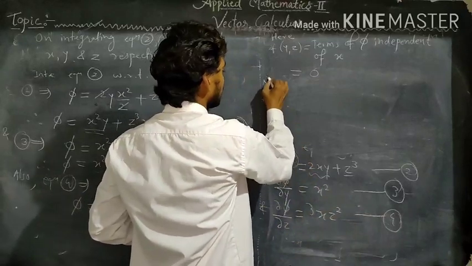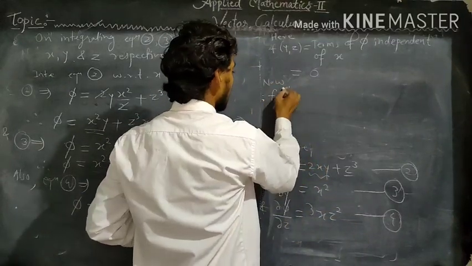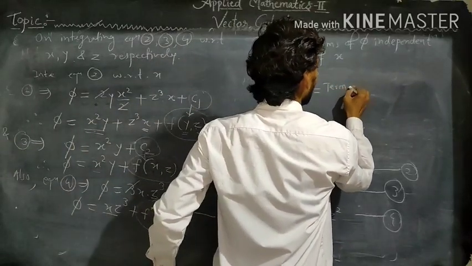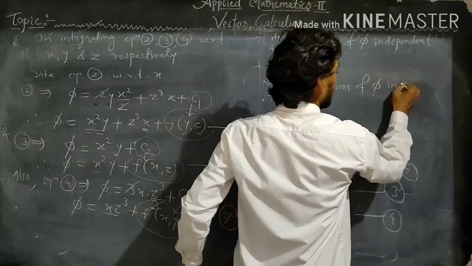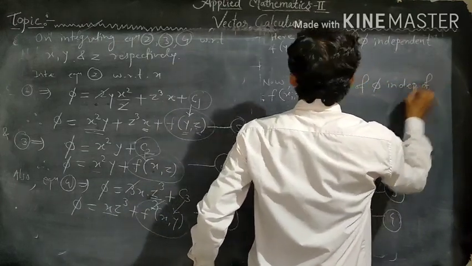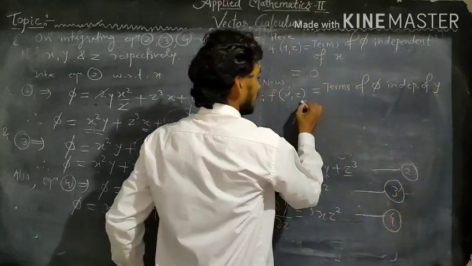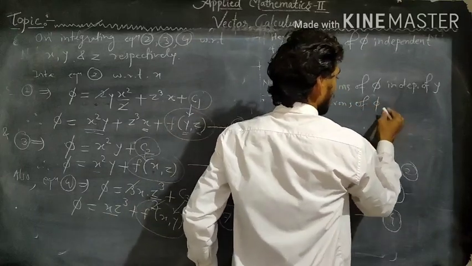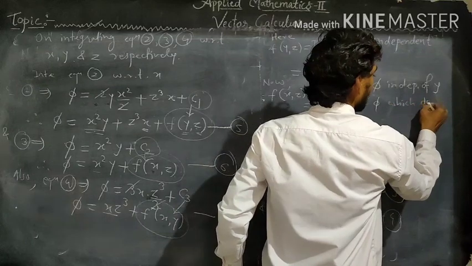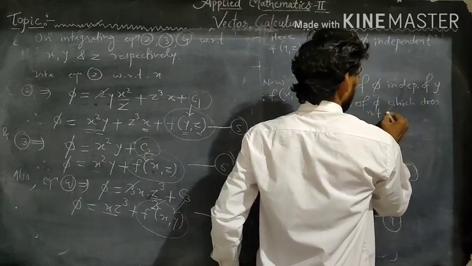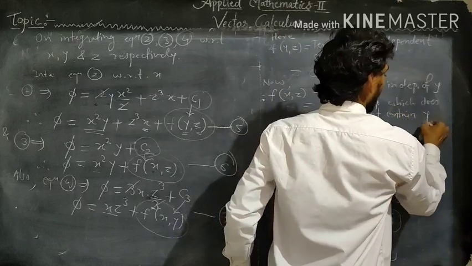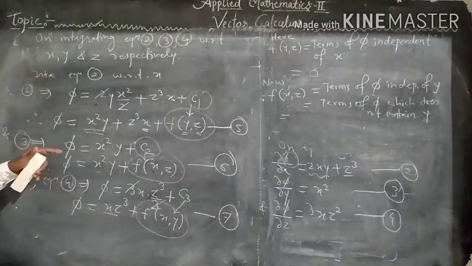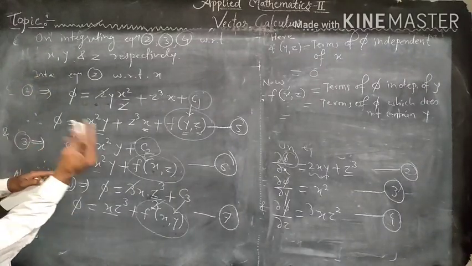Now second constant, that is f of x comma z, which is equal to terms of phi independent of y, that is terms of phi which do not contain y. Again we have to check the terms which do not contain y.